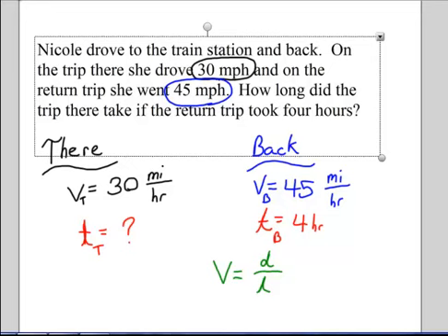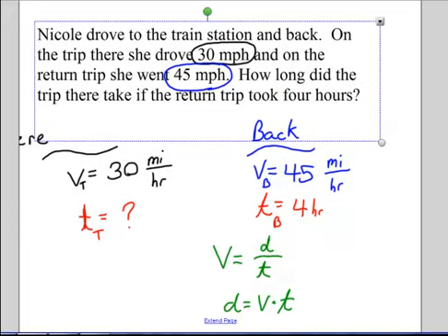So I have this formula, v is equal to d over t, and I'm going to solve for my distance by rearranging that. I'm going to solve for the distance traveled.